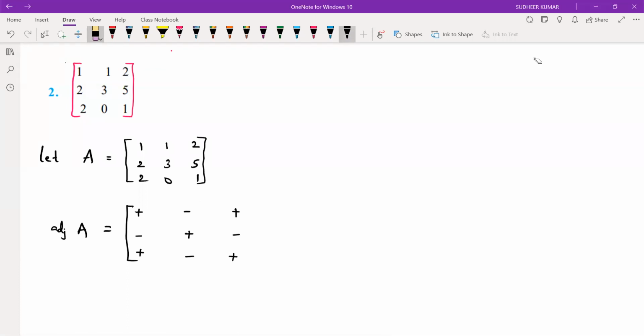So here we know that the formula for a cofactor is minus 1 whole to the power of i plus j, M ij. So minus 1 whole to the power of 1 plus 1 for the first element, M11. This is minus 1 to an even power, so plus M11. The next element, M12: minus 1 whole to the power of 1 plus 2, so it is minus M12.